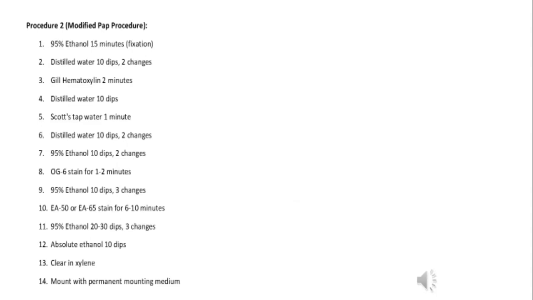Then we use orange G6 stain, then again 95% ethanol, then eosin azure 50 and eosin azure 65 for 6 to 10 minutes. Then again 95% ethanol, 20 to 30 dips, three changes. Then absolute ethanol, 10 dips. Then we clear the slide in xylene and mount in permanent mounting media.